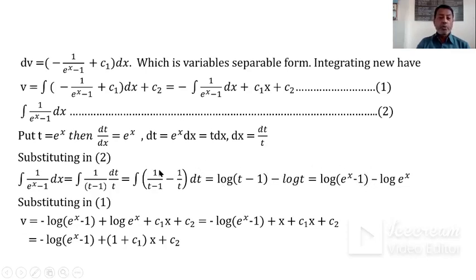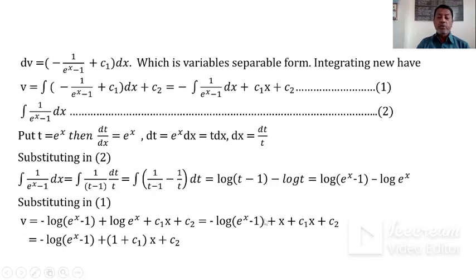Rearranging this, we obtain this and we substitute this value of the integral in equation 1. Therefore, we get v is equal to minus log of (e to the power x minus 1) plus log of e to the power x plus c1 x plus c2. Now rearranging, log of e to the power x is x log e, and log e is 1. We obtain this.